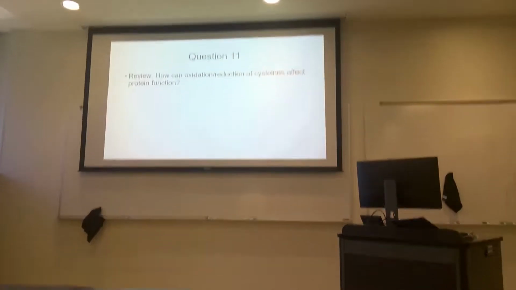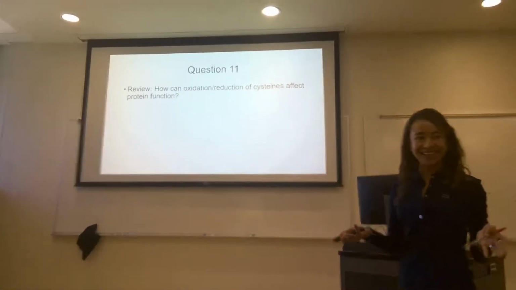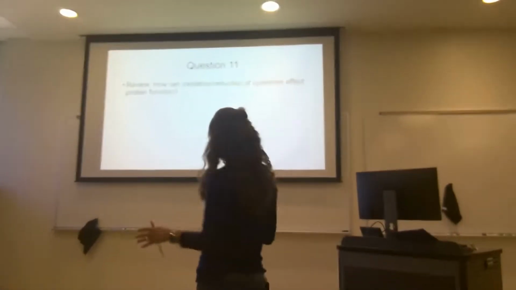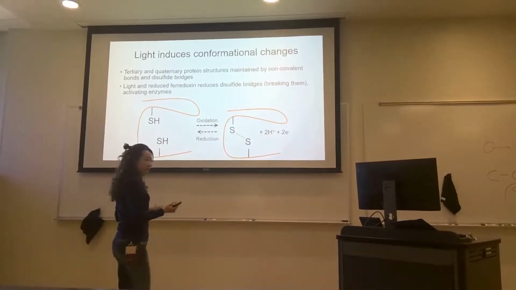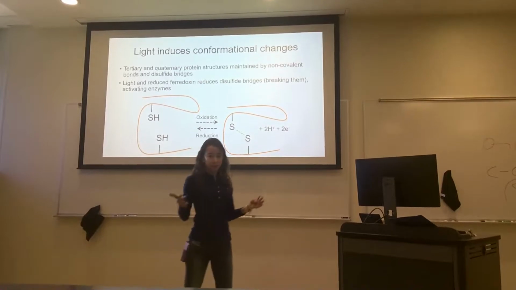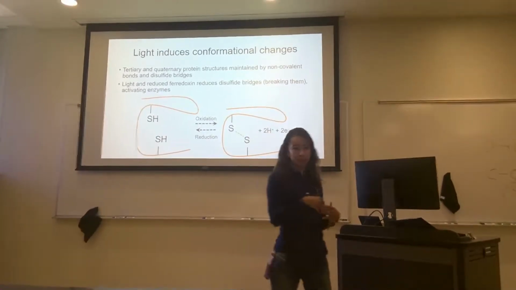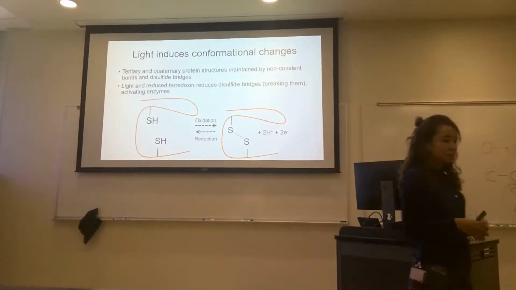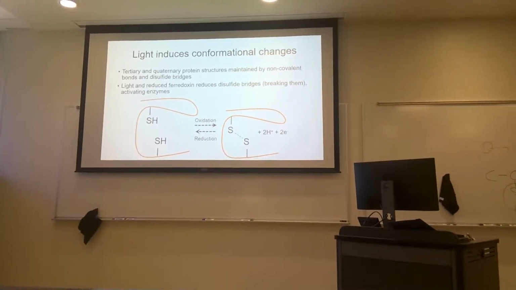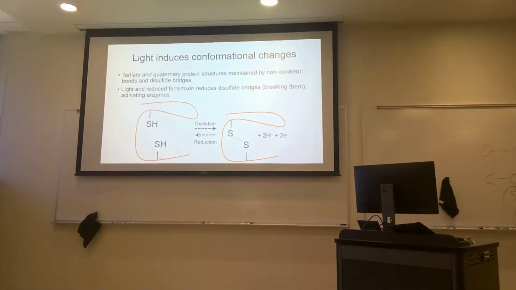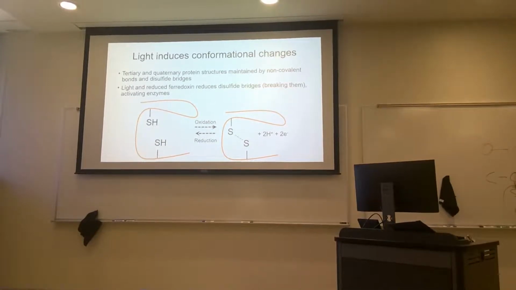So the key is conformational changes. Tertiary and quaternary structures of protein: the whole protein conformation is maintained by different bonds, like ionic bonds, van der Waals forces, hydrogen bonds, and one type of covalent bond, which is disulfide bridges.